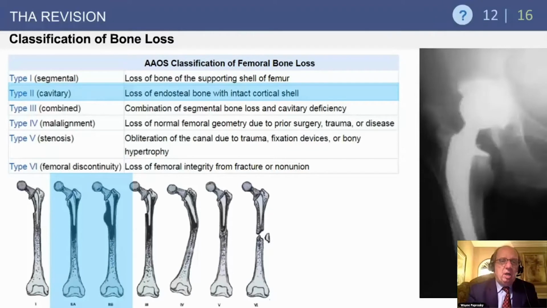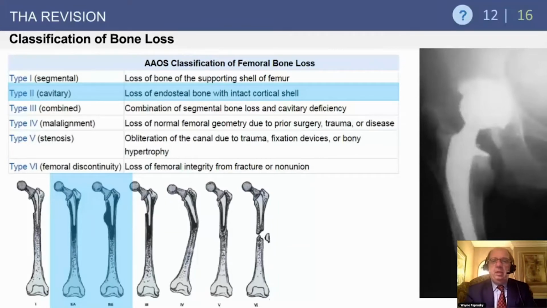This does not really give you a sense of treatment. This femoral classification is more for description, for research. It's not that treatment oriented.